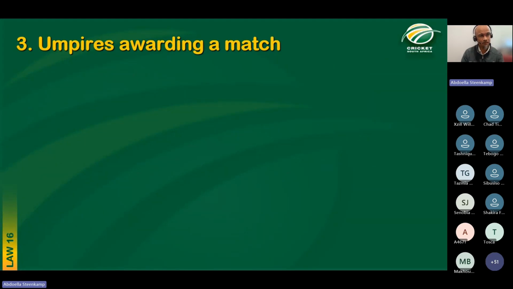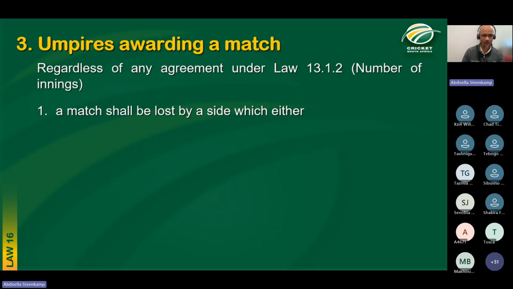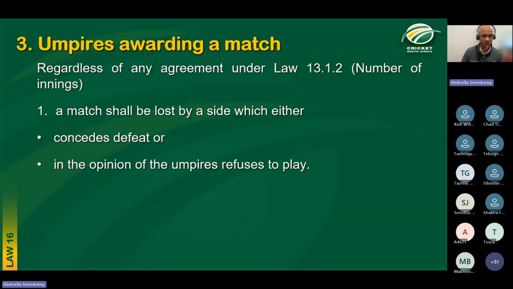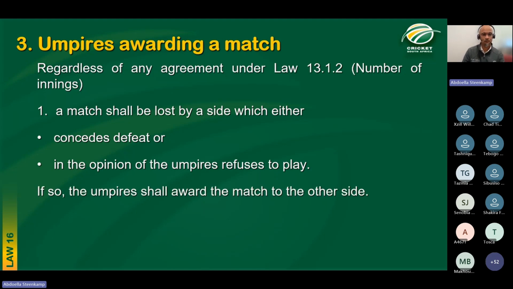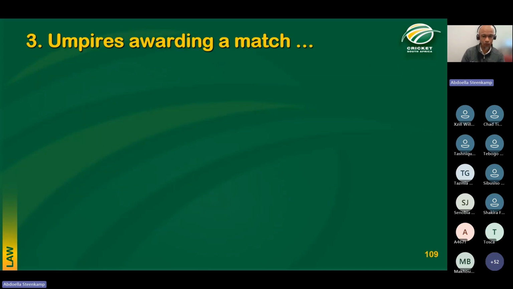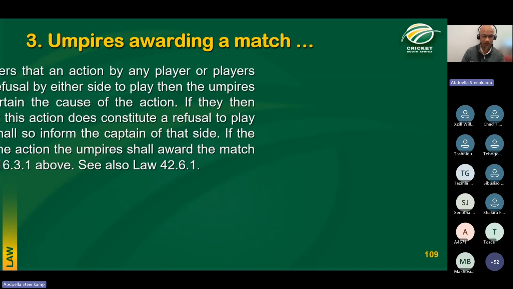There's also this concept in cricket where umpires can award a match. Well, let's have a look at when an umpire can award a match. Umpires can award a match if a side concedes defeat or, in the opinion of the umpires, a side refuses to play. If so, the umpire can then award the match to either side.